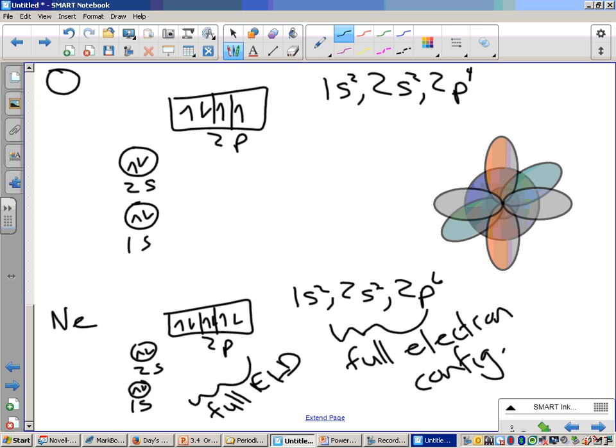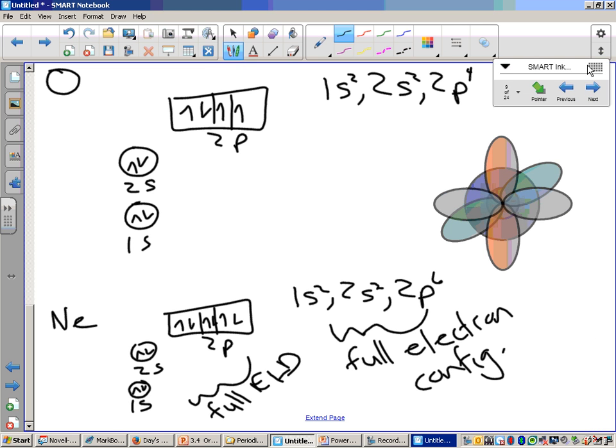Full electron configuration and full energy level diagrams start right from the 1s orbital. But I'm going to show you a shortcut now to do larger elements. So full, they start from 1s, right from the beginning.